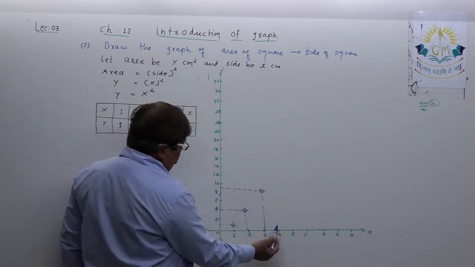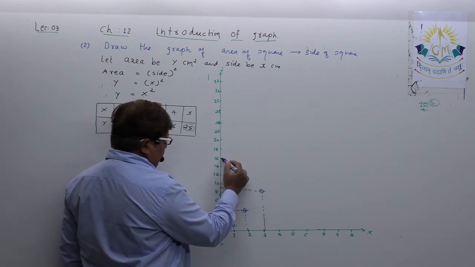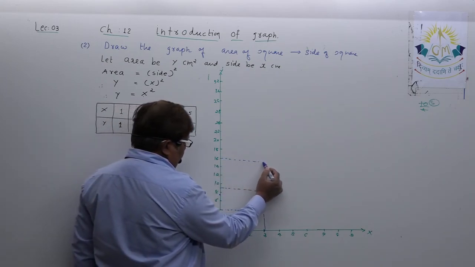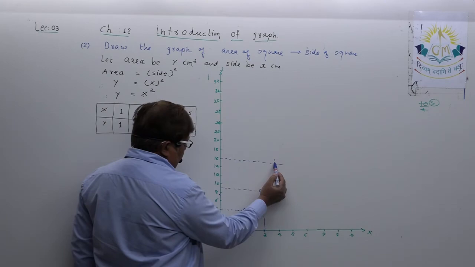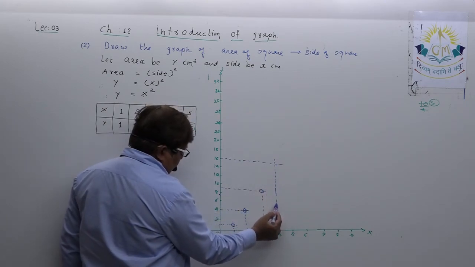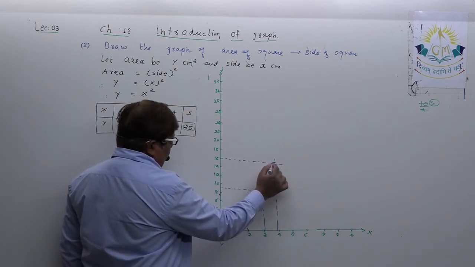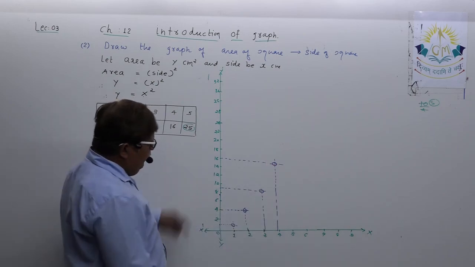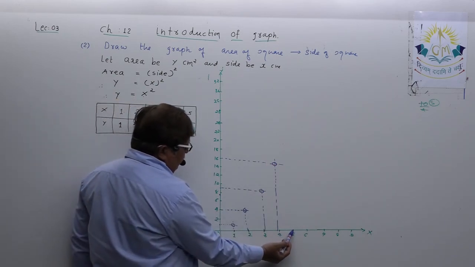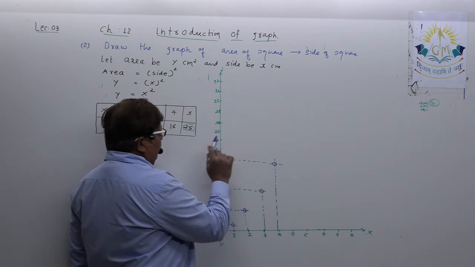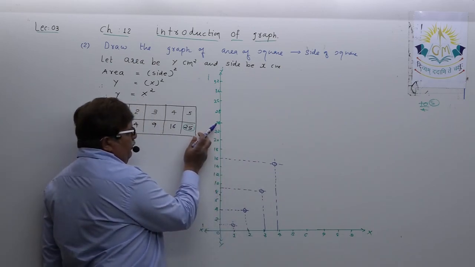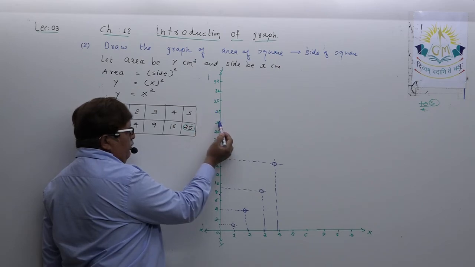4, 16. 16 is already here, so one dotted line from 16, one dotted line from 4. This is the next point. 5, 25. 5 is here, but where will you get 25? This is 24, this is 26. Count 5 lines.